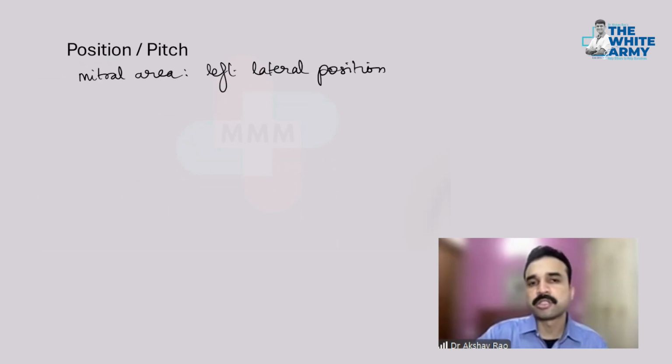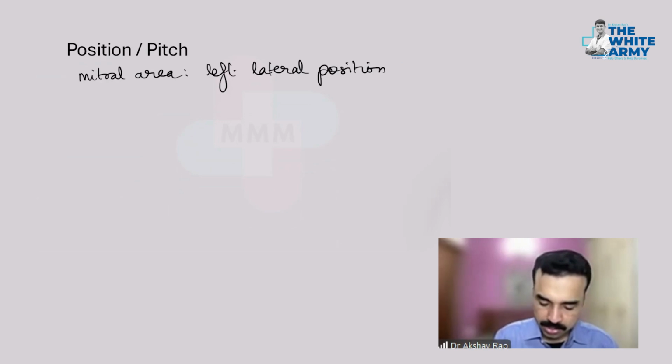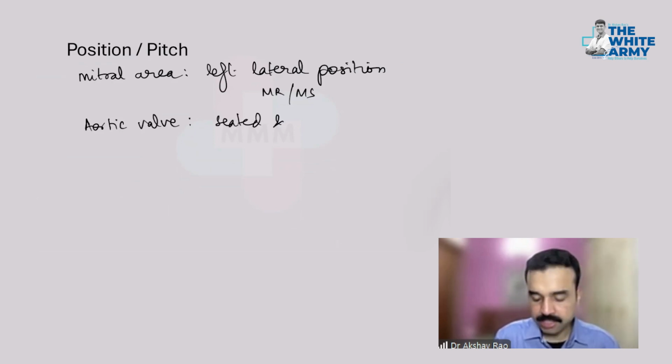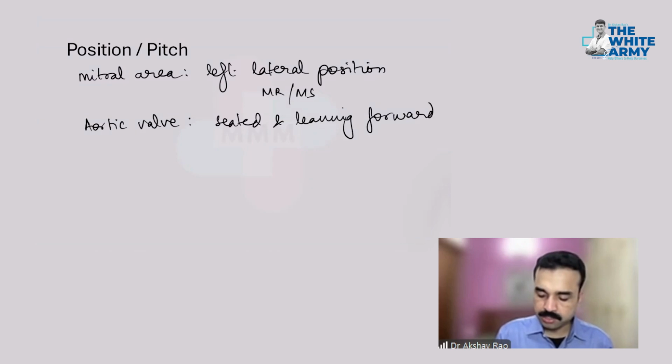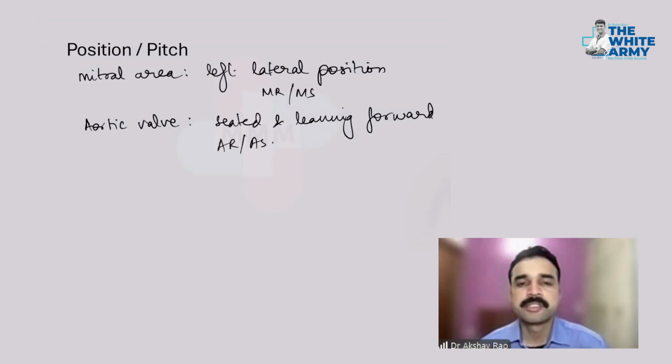That is the best way to auscultate the mitral area, for both MR and MS. Whereas for aortic valve murmurs, you can have the patient seated and leaning forward. So for AR and AS, this is a better position. Okay, that's the positioning of the patient.